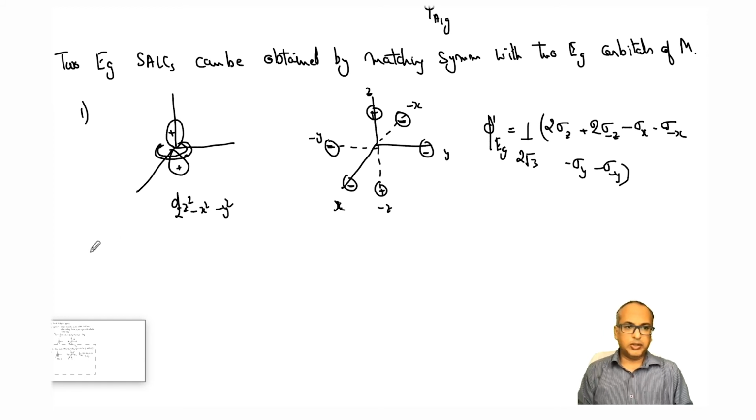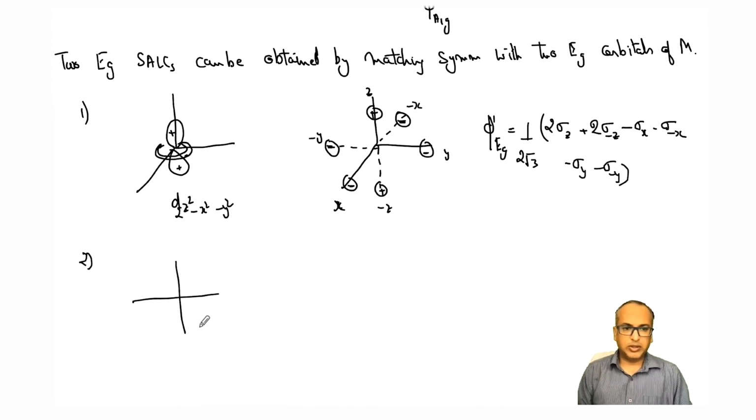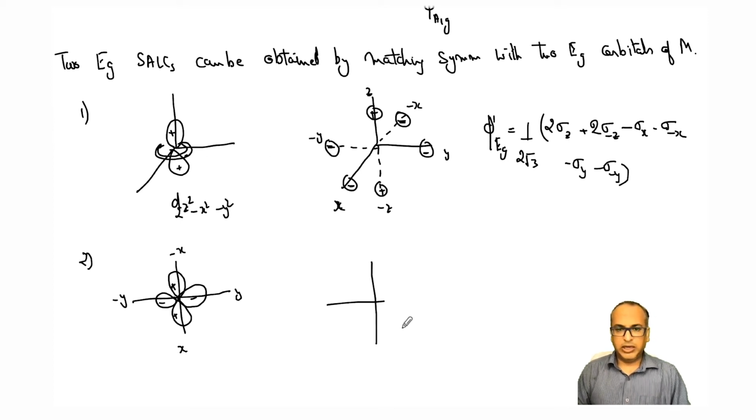Okay. So now the second EG is dx square minus y square. So we don't have to consider the z axis here. So we have plus plus minus minus. So the SALCs will also be like this.